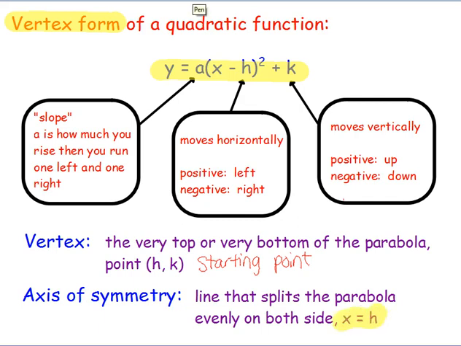It will always be the value right here from the vertex, x equals that number. And so when we graph, we're going to state the vertex, we're going to state the axis of symmetry, and we're also going to state the slope and put those things together on our graph.